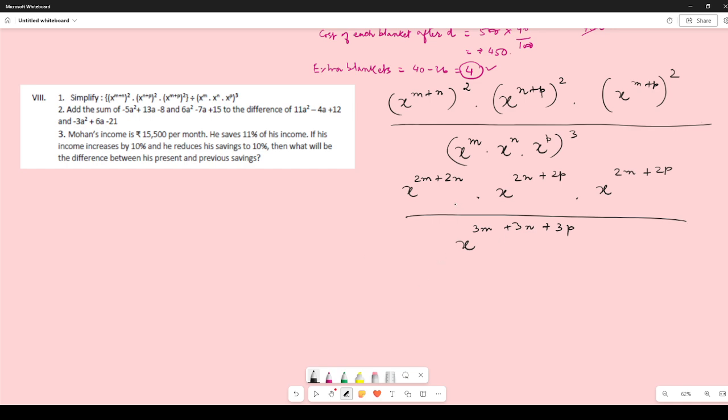So now what do you get over here? Now remember, all of them will be added up. So what do you get? x to the power of 4m plus 4n plus 4p divided by x to the power of 3m plus 3n plus 3p, and when you cross them out, you are left with x to the power of m into x to the power of n into x to the power of p, or you can also write it as x to the power of m plus n plus p, right?